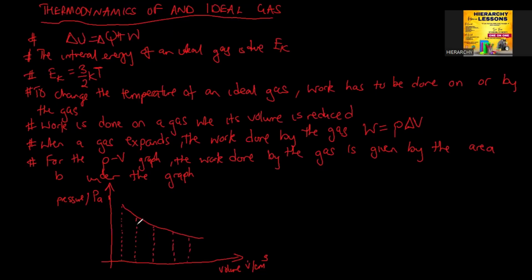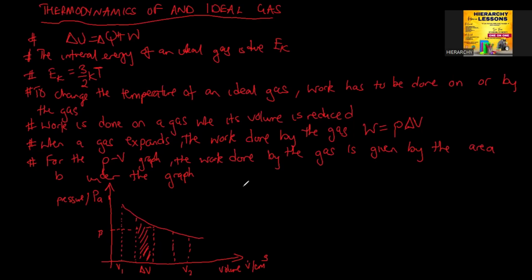This is V1 and this is V2, and then we have P. The total work done when the volume changes from V1 to V2 equals the total area under the graph from V1 to V2.